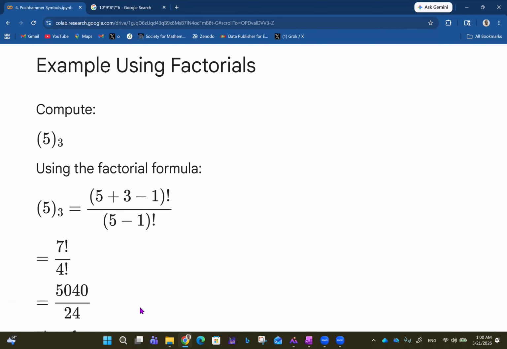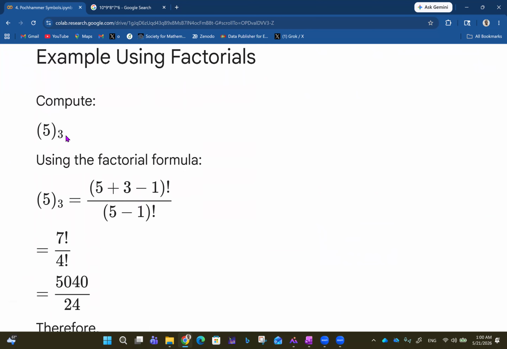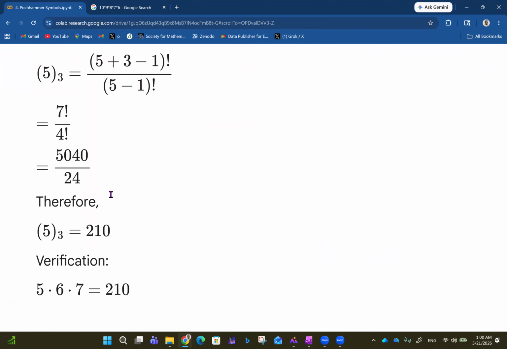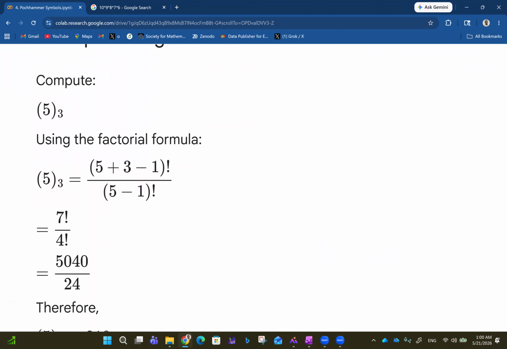Okay, we have an example here. 5 sub 3 for rising factorial, that's normally 5 times 4 times 3, right? That's 20 times 3, which is 60. So is it 60? Actually, rising is 5 times 6 times 7, which is 210. Okay, good. Using the factorial formula, that will be 5 plus 3 minus 1 factorial all over 5 minus 1 factorial.